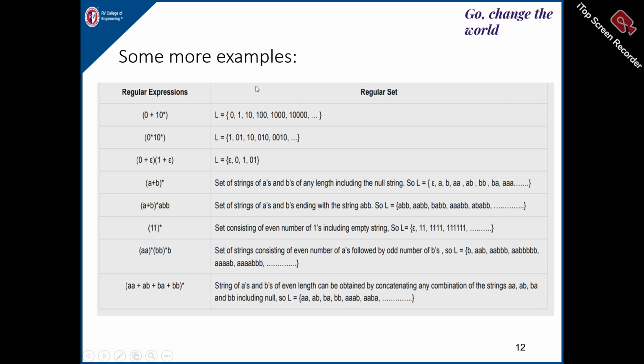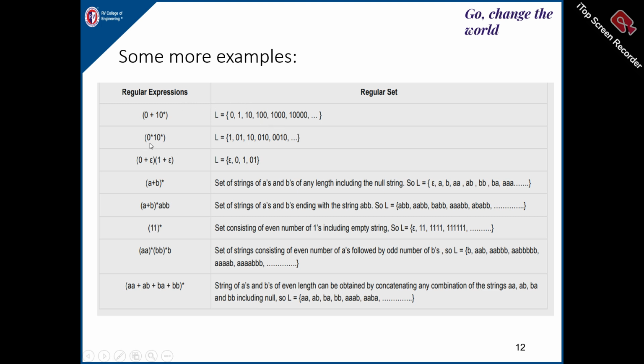Here it is infinite because of the whole star. If I use 0 raised to 0, I'll get 1. If I use 0 raised to 1, I'll get 10. If I use 10 raised to 2, I'll get 100. Such is the set of all strings I can generate.